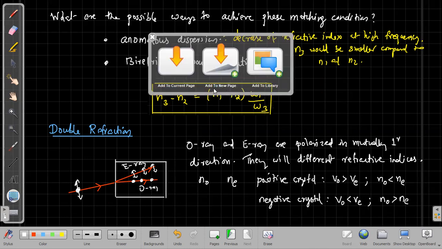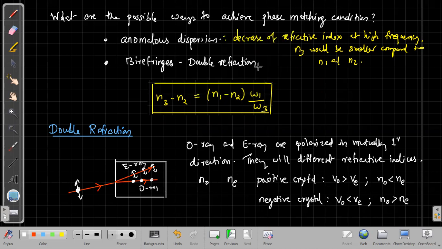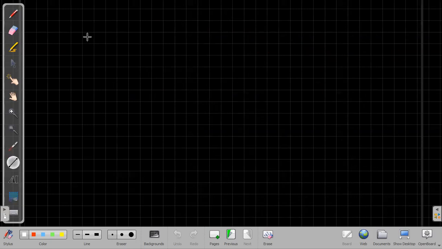The ordinary and extraordinary refractive indices of positive and negative crystals will vary with frequency, so we can plot this using a graph. In the case of double refraction, suppose on the left side, the vertical axis is refractive index, and the horizontal axis is frequency.